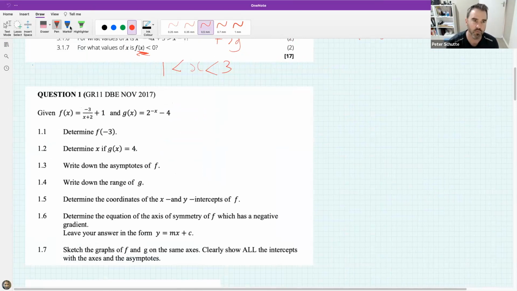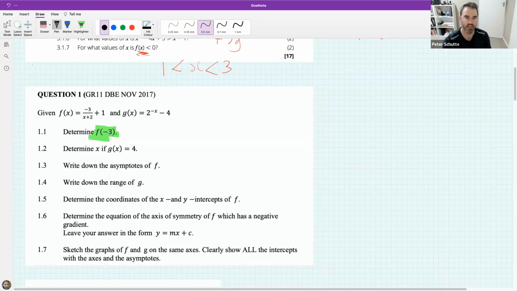So question 1, find for me the f of minus 3. Find for me the f of minus 3 by looking at this question from a past exam paper from the Department of Basic Education. What does it mean to say the f of minus 3?